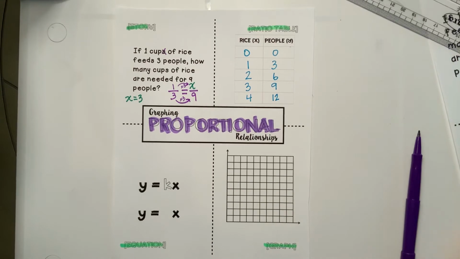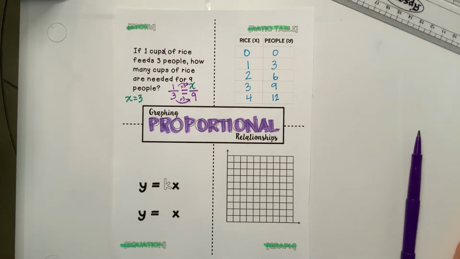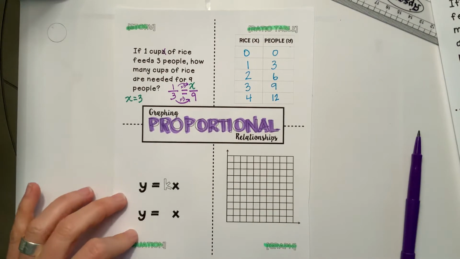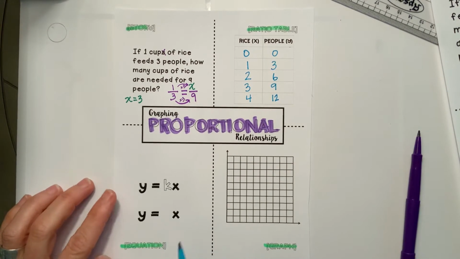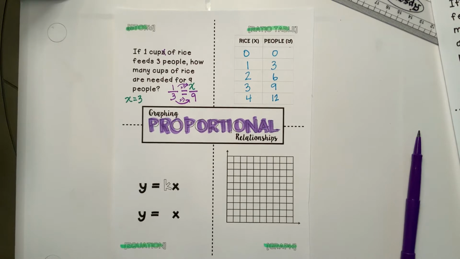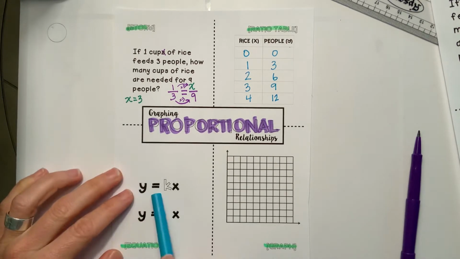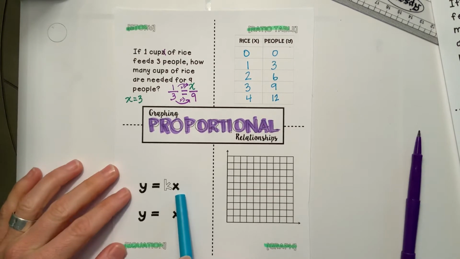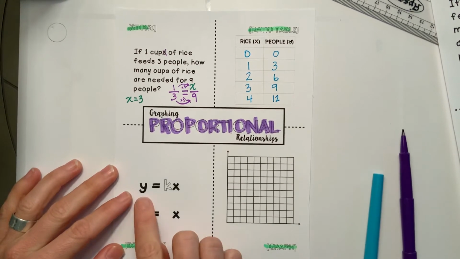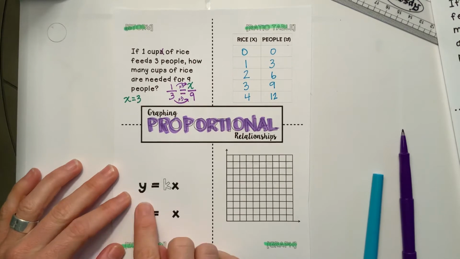Okay, so the next thing we're going to do is go over to the equation part. Now, this looks a little scary, but I think you'll find once we go through it, it's not so bad. So we have y equals kx, and you're probably thinking, oh my gosh, what is that? So we have the y. It's by itself on one side.